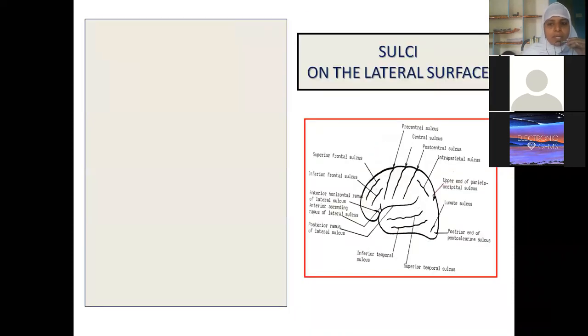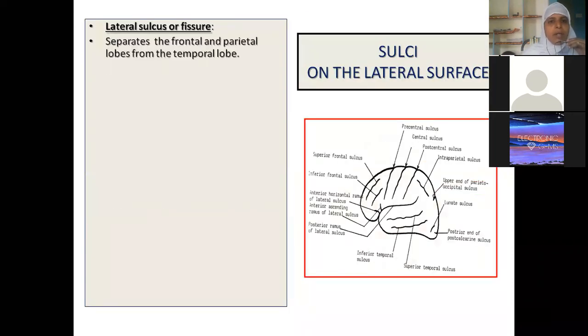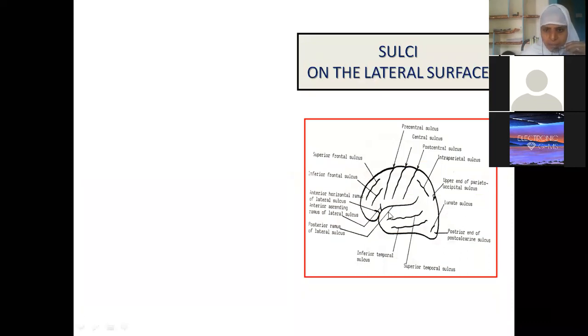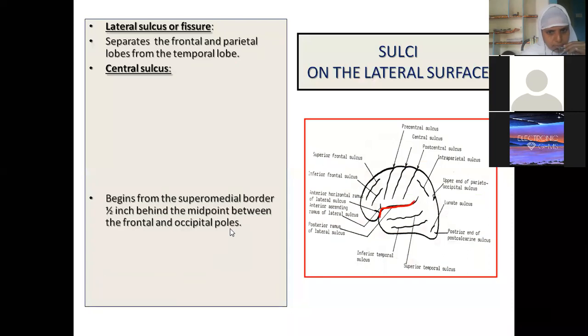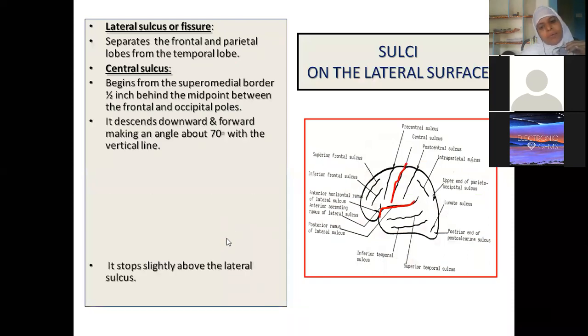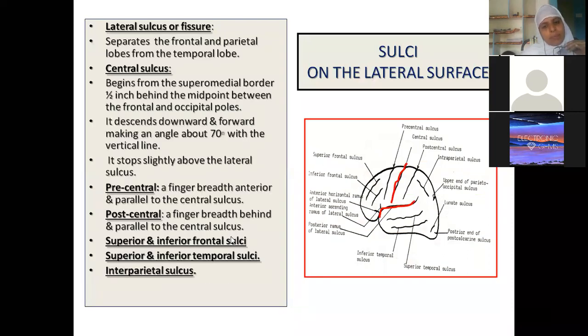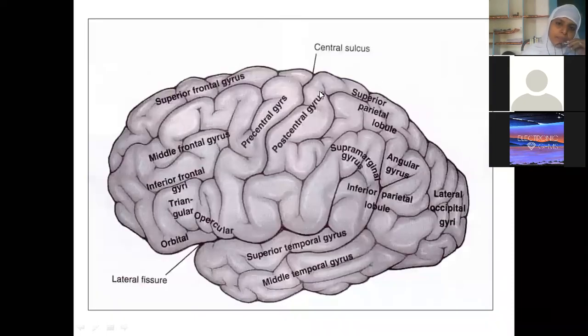Now let us see what sulci and gyrae we see on the superolateral surface, for which we need to understand this picture. It's quite easy. I kept one big picture also to take help of, yeah, this is good. See, this is the central sulcus, isn't it?